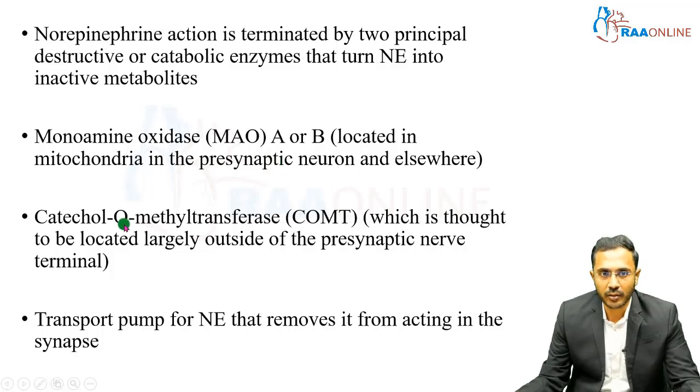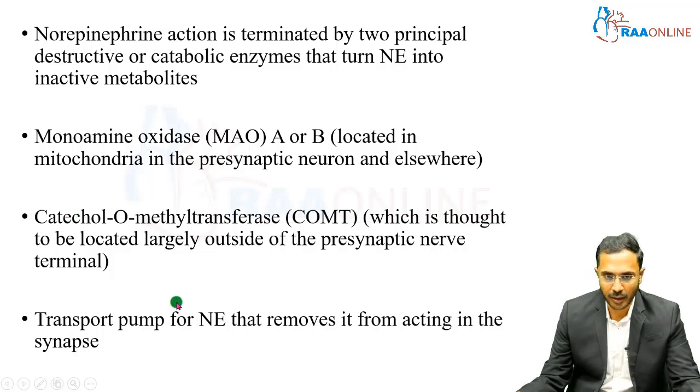Next is catechol-O-methyltransferase, COMT, which is largely located outside the presynaptic terminal. And the transport pump removes norepinephrine from the synapse and pumps it back into neurons. So, these are the ways in which norepinephrine action is terminated.